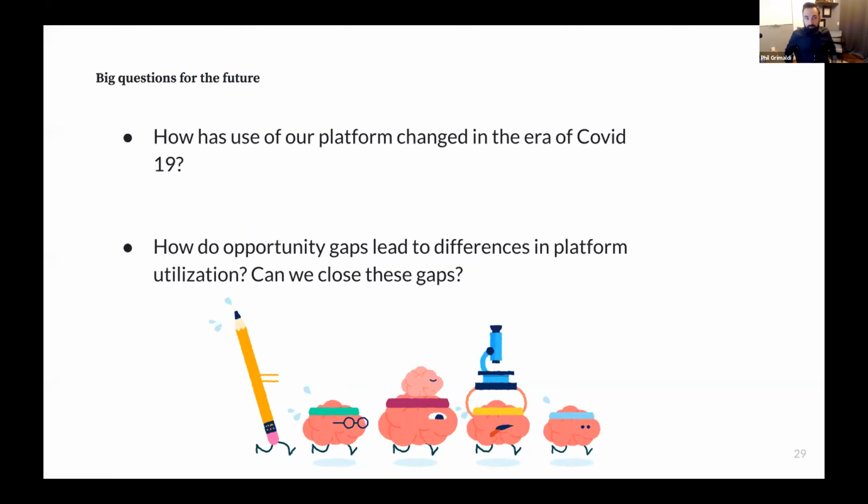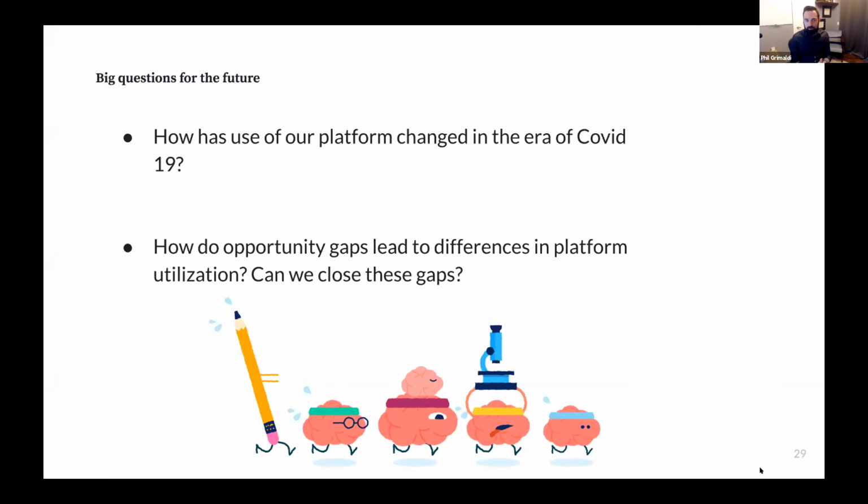We've seen a huge uptick in usage of our platform, and for the most part, a lot of these users are first-time distance learners. These are students who have been engaged in very structured learning environments for most of their educational careers, and now they're required to do a lot of self-initiated and self-regulated learning. So what does learning look like on this platform, and how is it affecting outcomes?